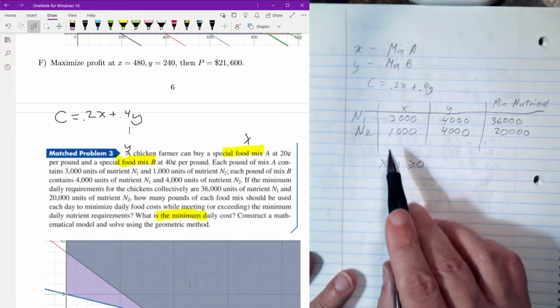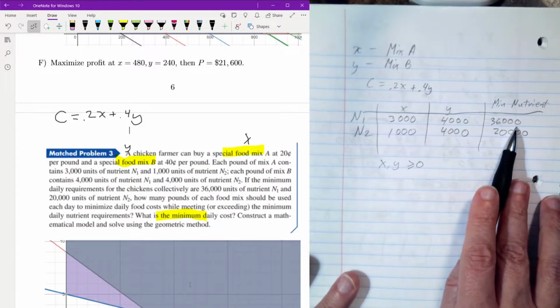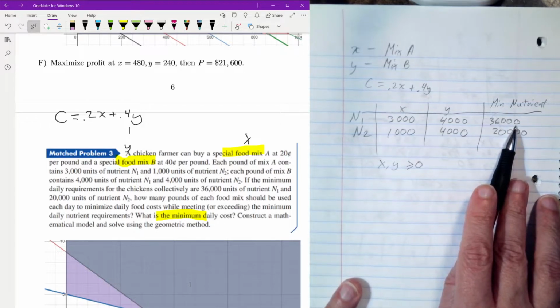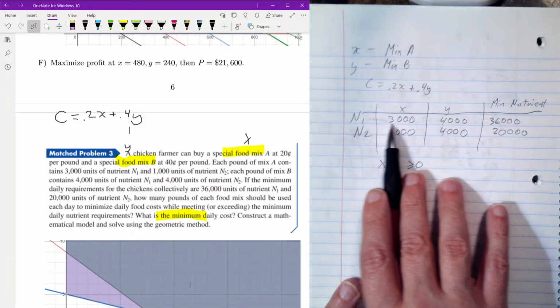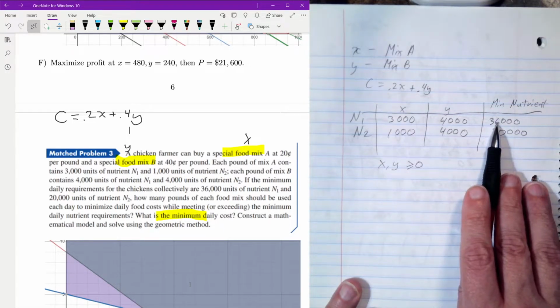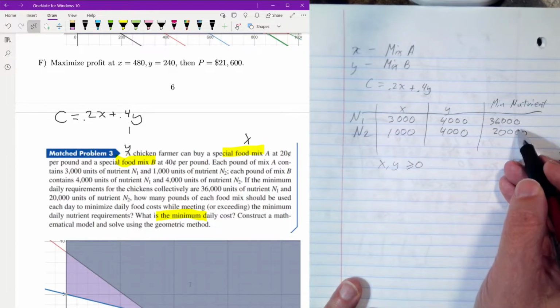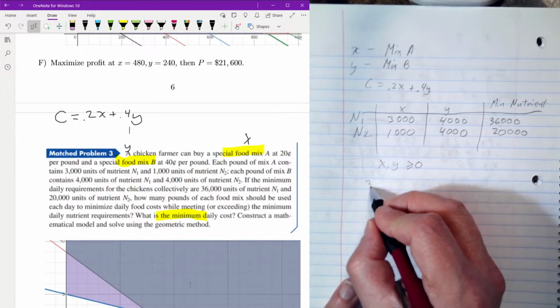Okay, now from here we should pay attention, because from this we can make some inequalities. That would be our problem constraints. And it looks like for N1 it's 3,000.